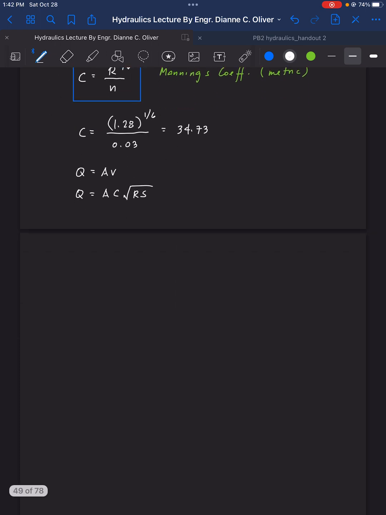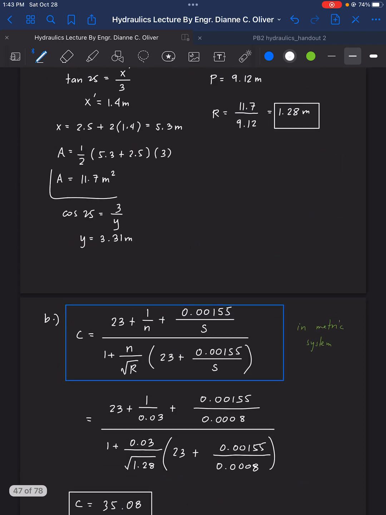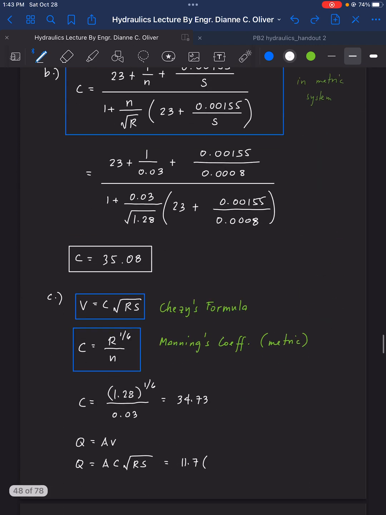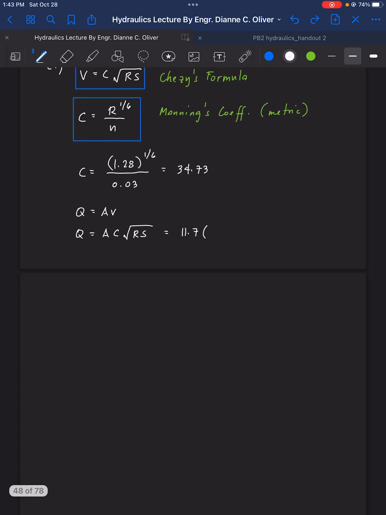The area is 11.7 that we obtained a while ago, and Manning's coefficient is 34.73, times the square root of the hydraulic radius 1.28 times the slope 0.008.